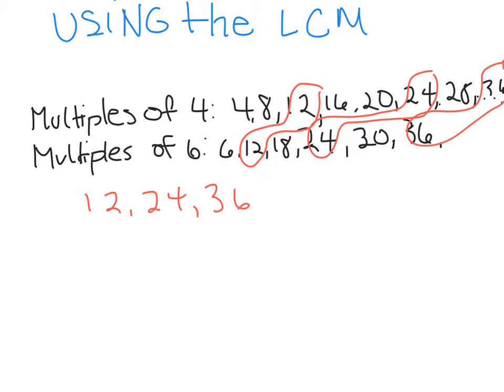And the least common multiple is going to be the smallest one. So in this case, the trains will both return to the station in 12 minutes. That's the least that we're looking for here.